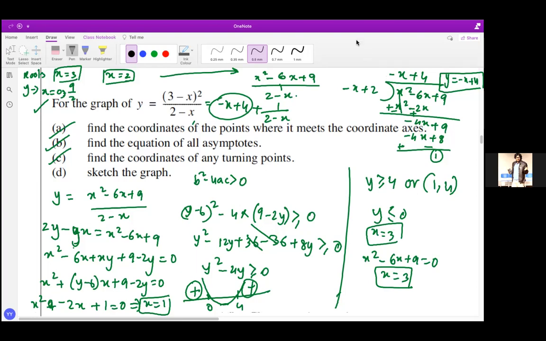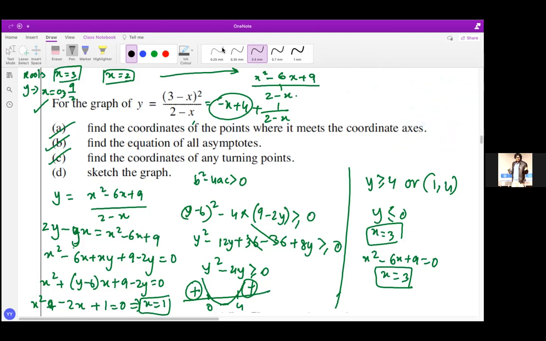Now you just sketch the graph with the given information. So you take out the critical information from each subpart. Here you have an oblique asymptote first. We draw that, which is 4 minus x. It's a negative sloping line cutting the y-axis at 4.